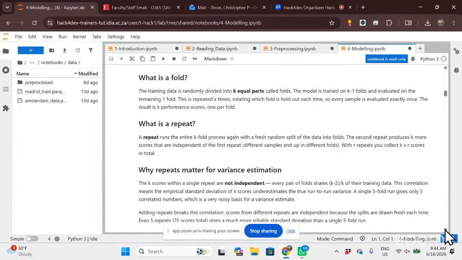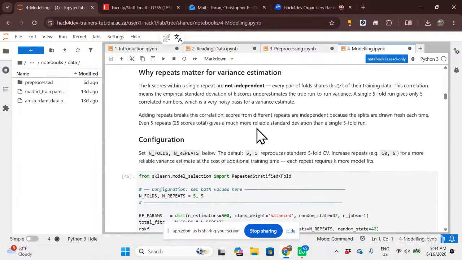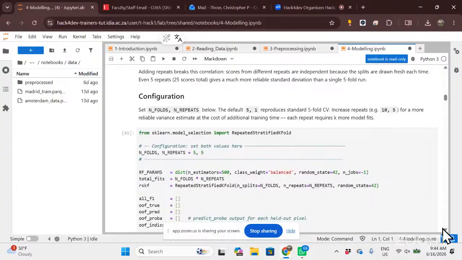Okay, so we actually do this. It says n folds and n repeats. What we do is we do training on 5 different sets, 5 different times. So n folds is the number of different subsets that you're training on. N repeats is the number of times you retrain.